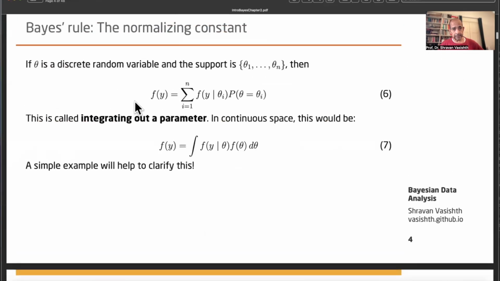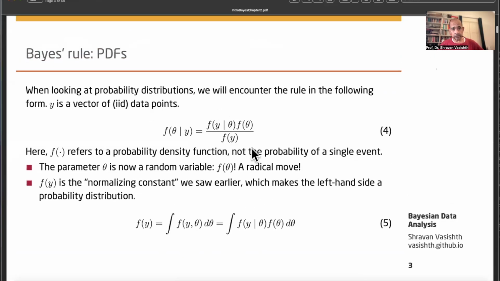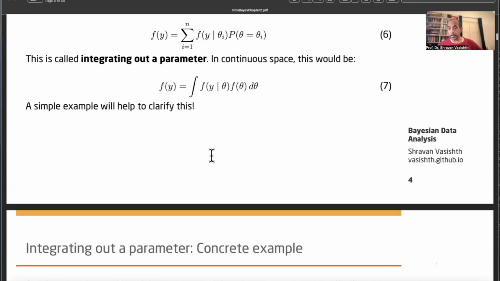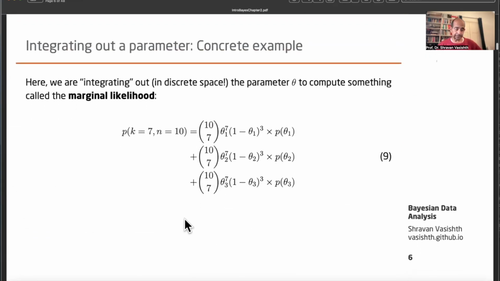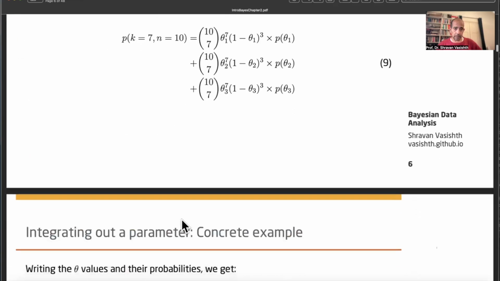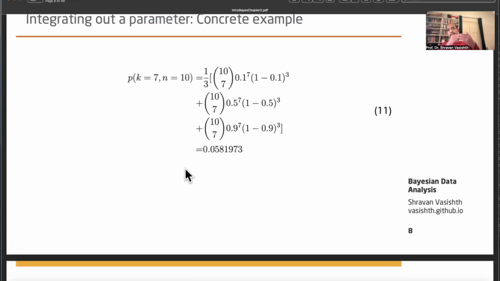And the reason I'm talking about this is because I'm showing you how this f of y in the denominator can be computed by integrating out the parameter or parameters in the likelihood function. All right, so that's an easy to understand example of how you marginalize out, how you compute the marginal likelihood by integrating out a parameter.